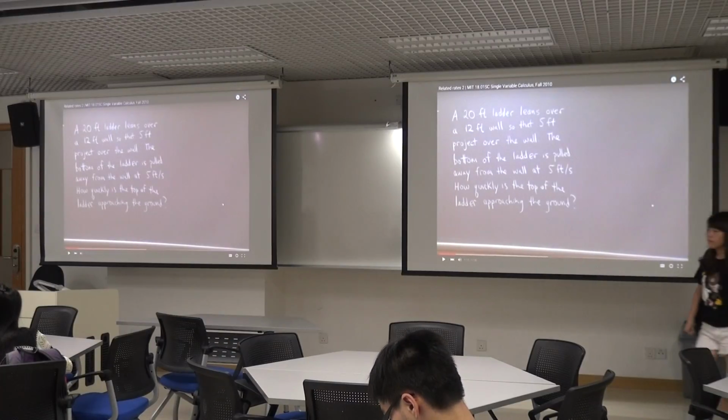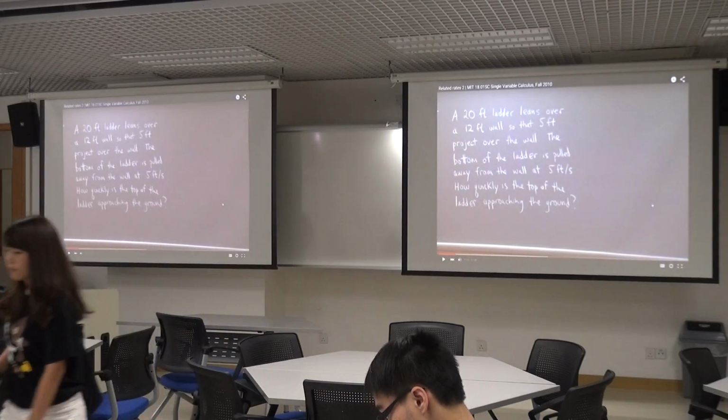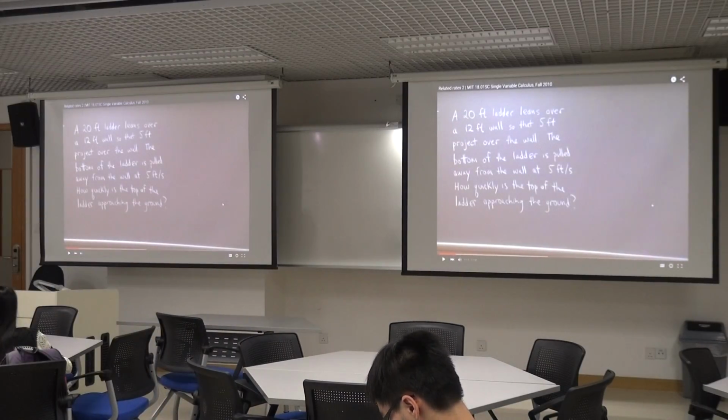In this particular case, the question is how quickly is the top of the ladder approaching the ground? Okay? Top of the ladder approaching the ground means what? Sliding relationship.